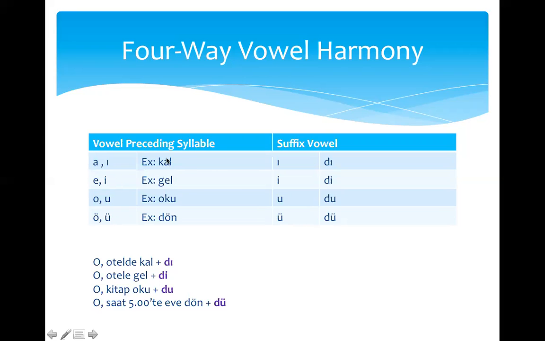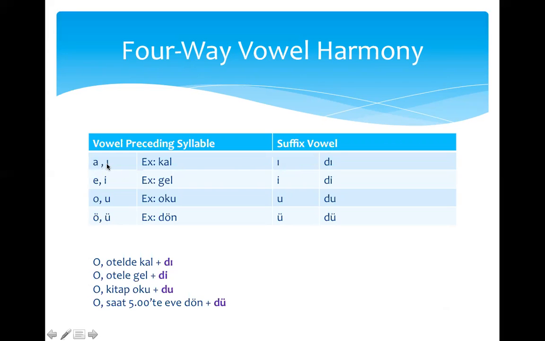So a verb, or any adjective or noun that contains an a or ı vowel in its last syllable, when we try to conjugate that, the suffix is going to have the same sound.